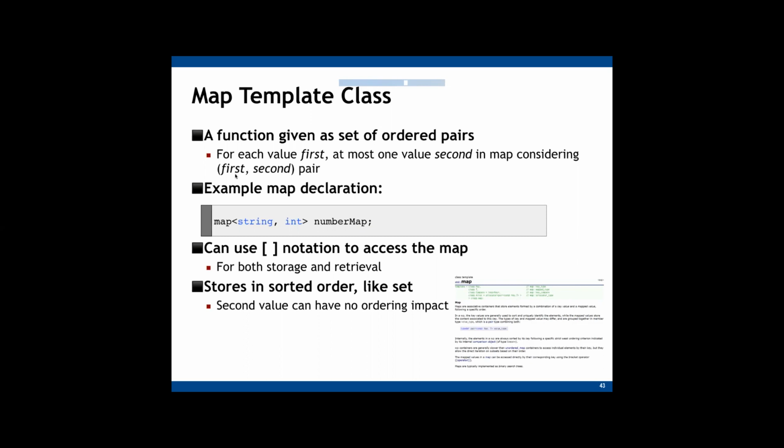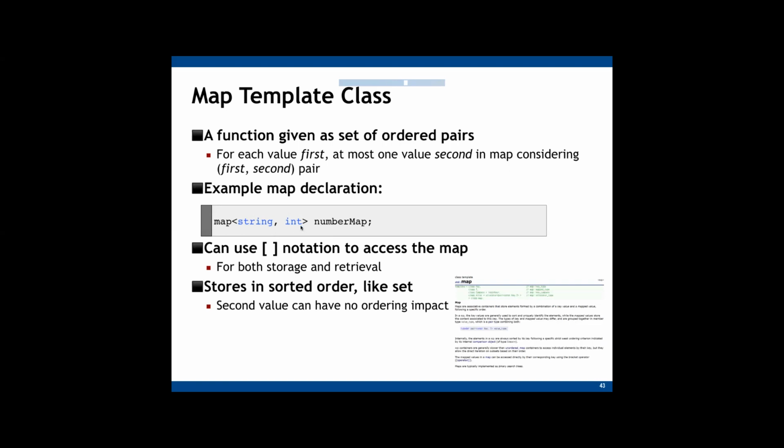And there are no two mapped values with the same key value. So key is a unique value. In this example, a string value will be used as a key, and the key will be mapped with the int type of the value.